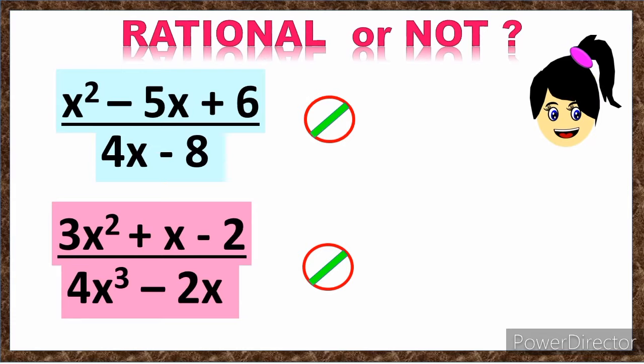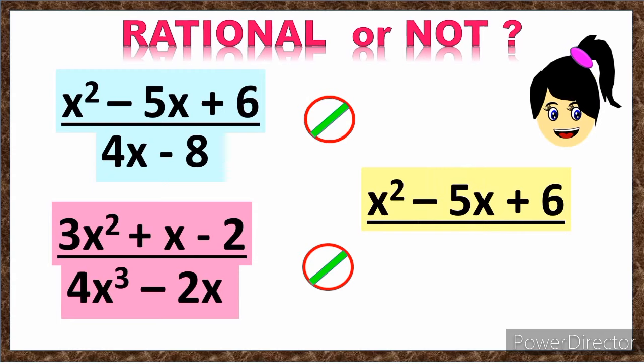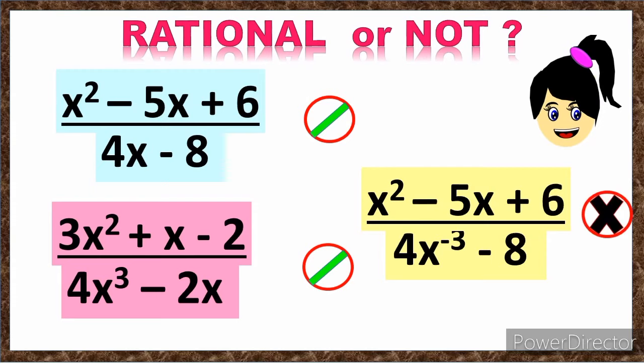Okay, again, rational algebraic expression kapag yung dalawang polynomial sa numerator and denominator ay positive ang exponent, walang fractional exponent, at walang variable sa denominator. Next. Okay, next, x squared minus 5x plus 6 over 4x raised to negative 3 minus 8. So, this is not rational algebraic expression.